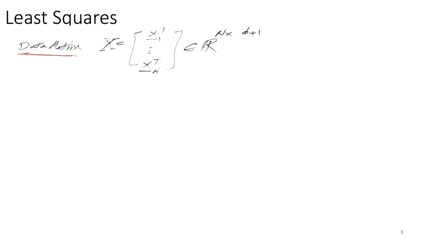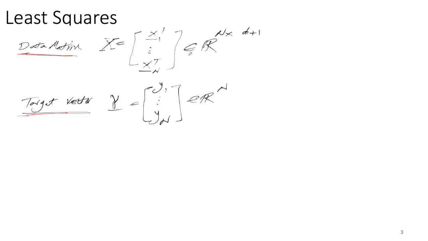All right, let's define least squares. This is the continuation of what we left last session. We're going to have a data matrix X, which has the vectors x1 transpose up to xn transpose inside, and all of them are in R to the n by d plus 1, where d was the dimension of your feature vector, plus 1 for the artificial coordinate we added.